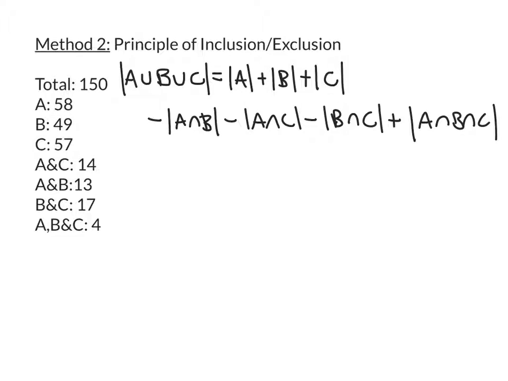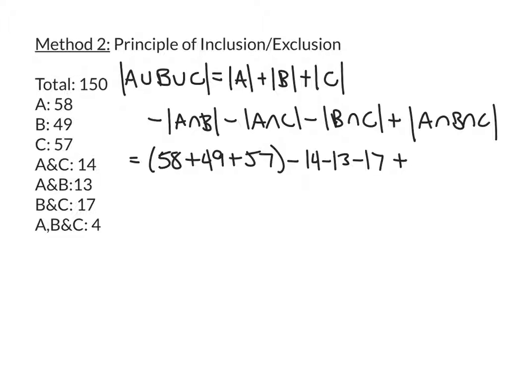So for this particular situation, our union of A, B, and C, we're going to start off with each set individually, the 58 and the 49 and the 57. Then we're going to go through and subtract all the double intersections, the 14 and the 13 and the 17, and finish up by adding back in that triple intersection, the 4.